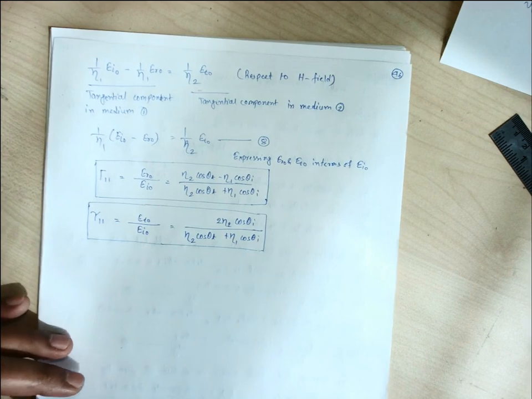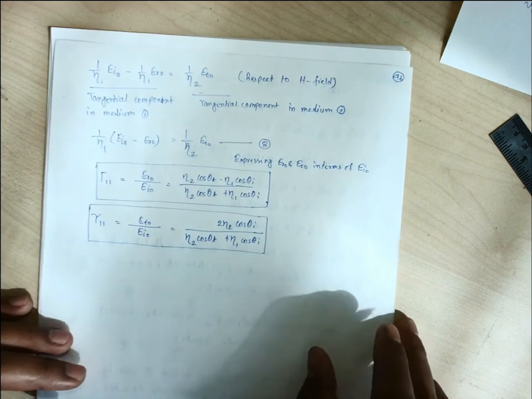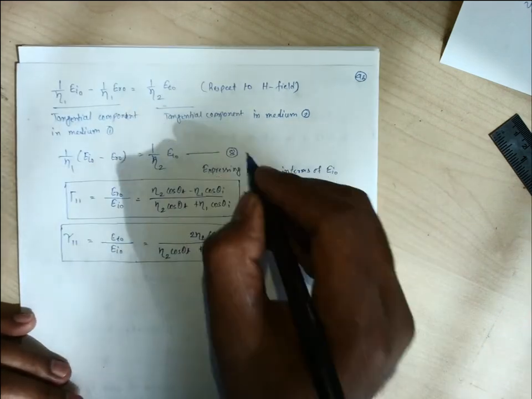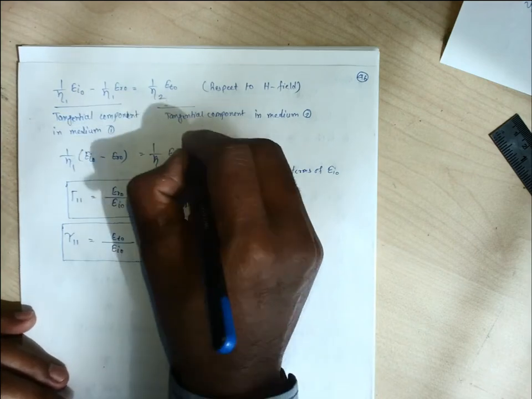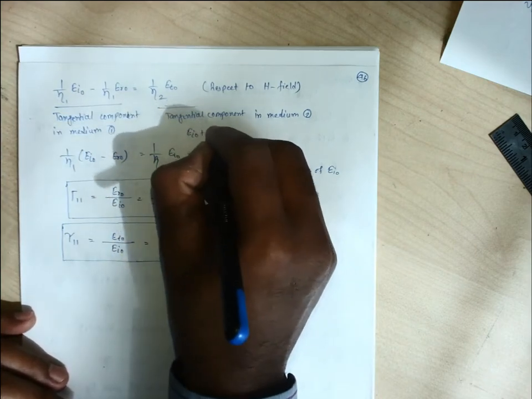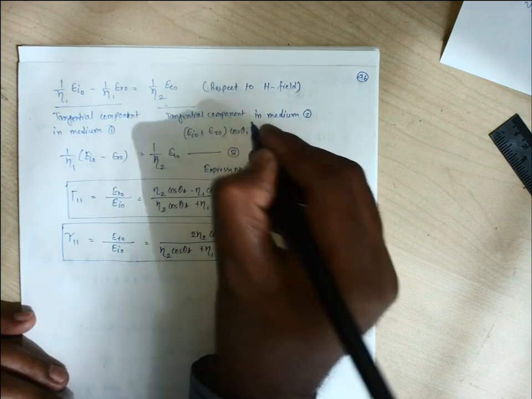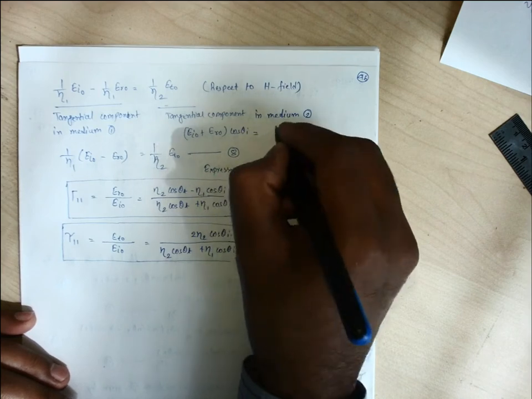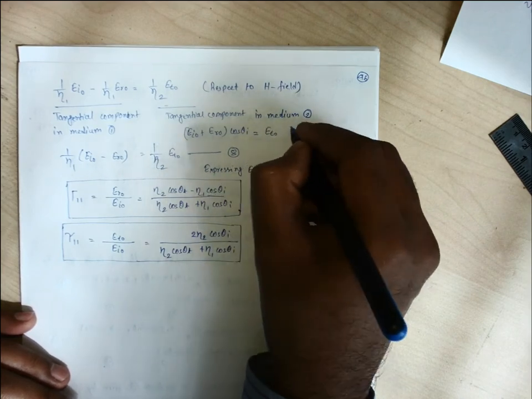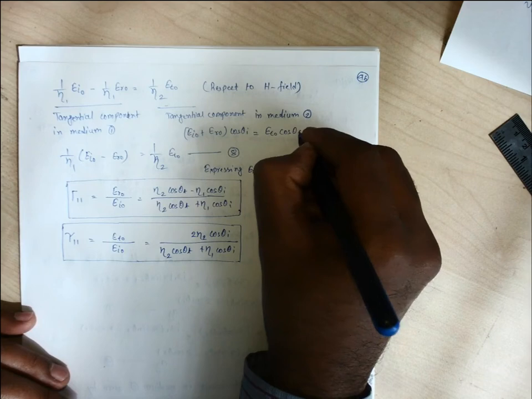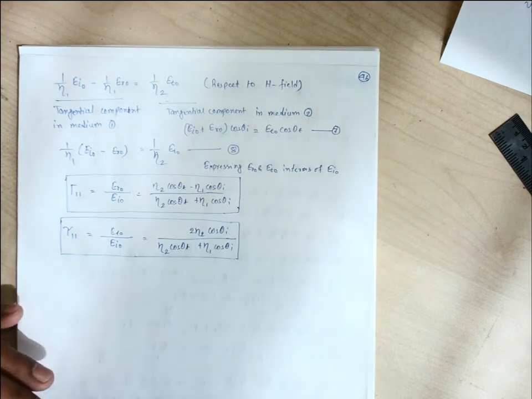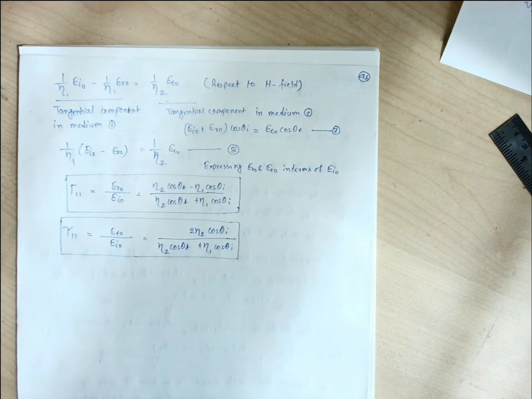So from these two equations, equation number 7 and equation 8. So what was equation 7? I am just writing here again. Equation 7 was Ei0 plus Er0 cos theta I is equals to Et0 cos theta t. This is our equation number 7. So from these two equations, if we take the ratio of Er by Ei at the interface, we can have these two expressions.